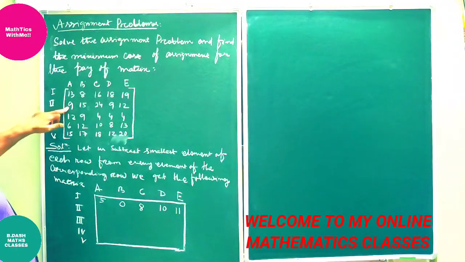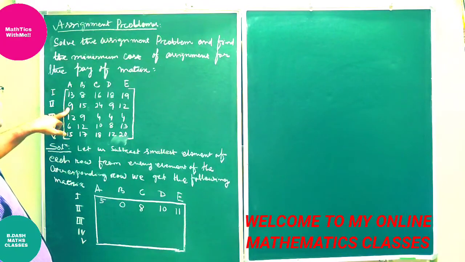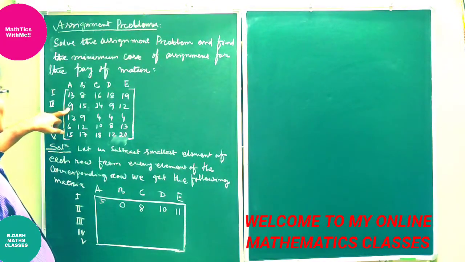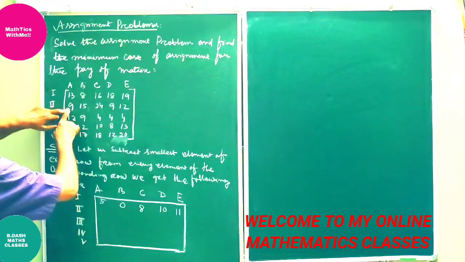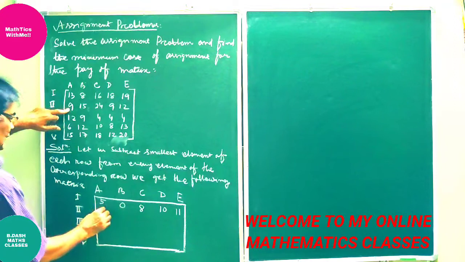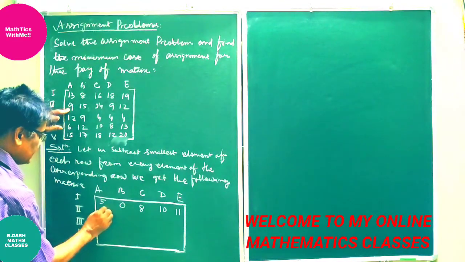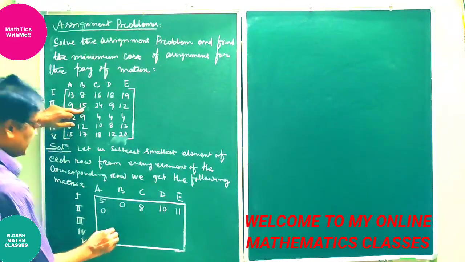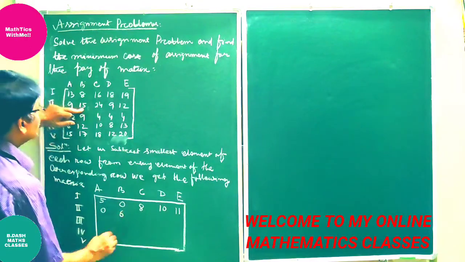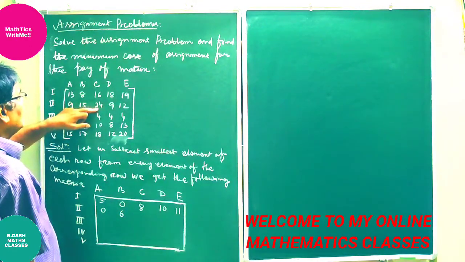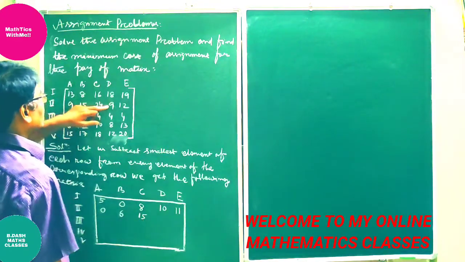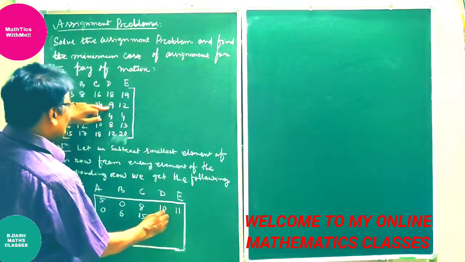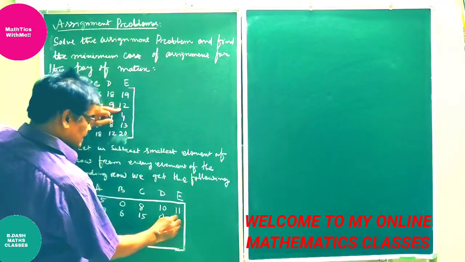Next, let us proceed to the second row. The minimum element in the second row is 9. So let us subtract 9 from every element of the second row. So 9 minus 9 is 0. 15 minus 9 is 6. Then 24 minus 9 is 15. 9 minus 9 is 0. 12 minus 9, 3.